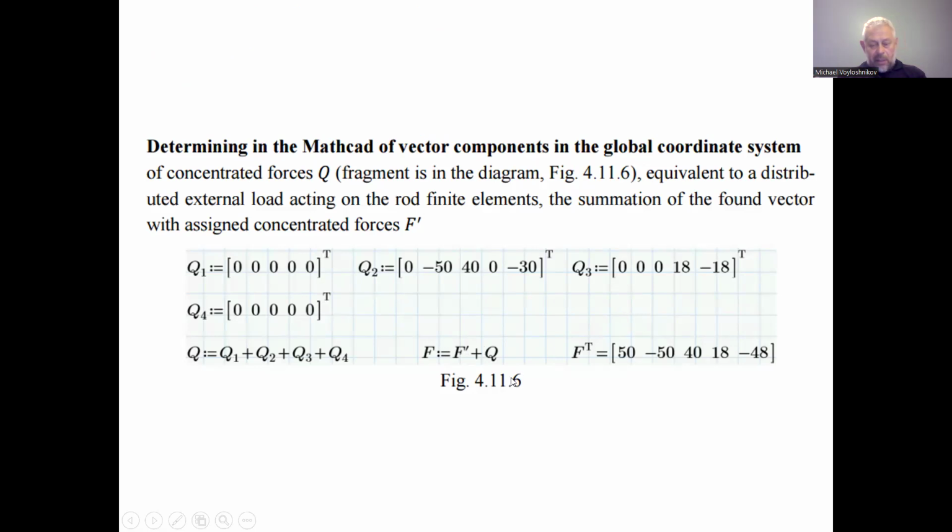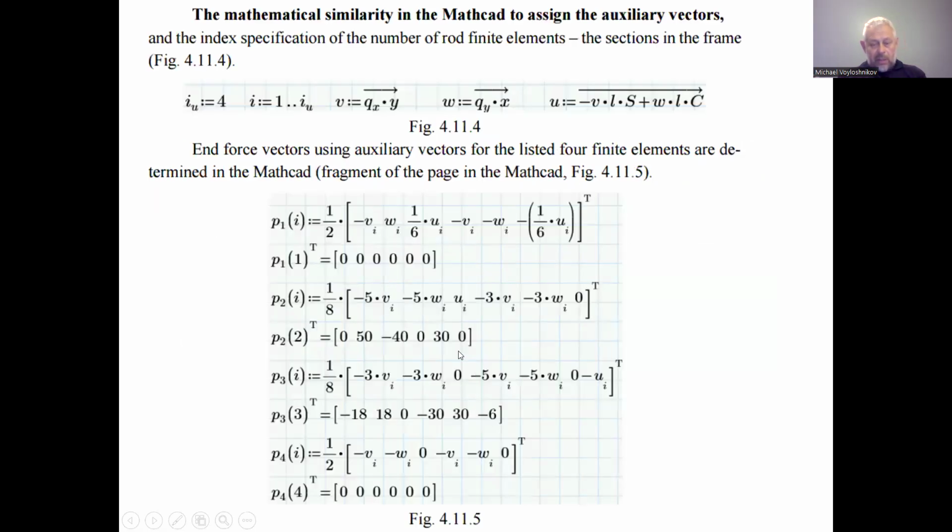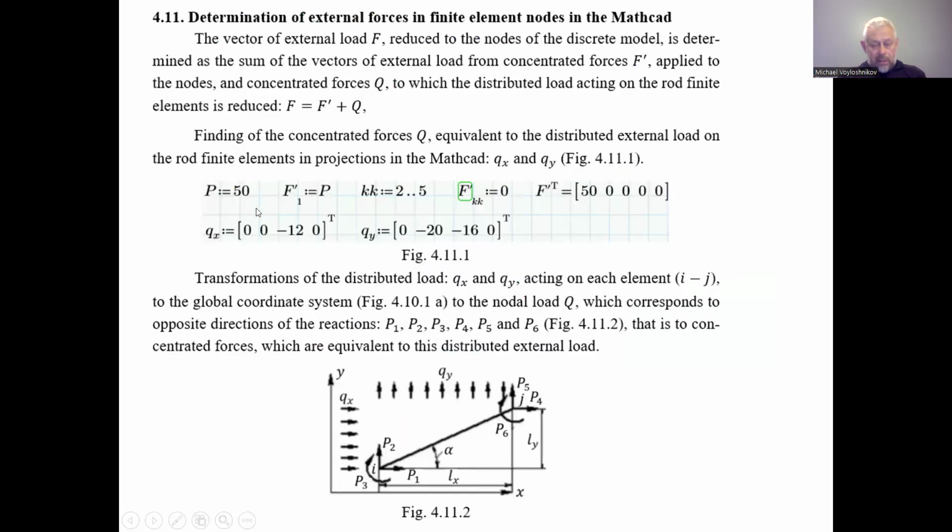And finally, the concentrated forces acting on the nodes of the discrete model of the mechanical system, we find as a total of F stroke plus Q. F stroke we defined originally here: the F stroke vector transposed is 50, 0, 0, 0, a force applied to the node 2, parallel to the axis, directed to the right.